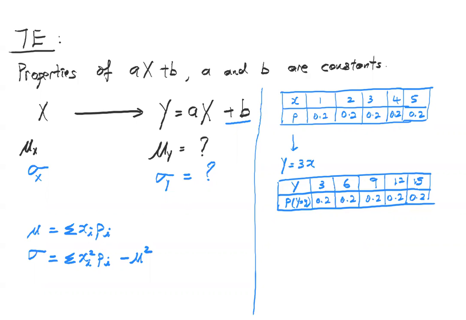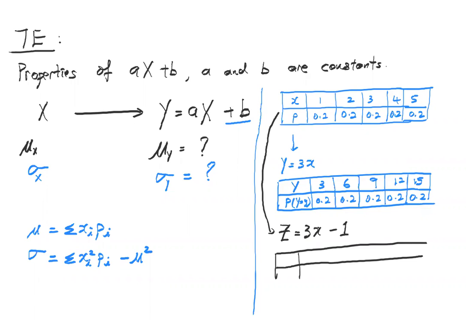Okay, now I change it to another variable. I call it Z. Up to me, actually, I can choose the variable name. So I will say Z equals 3X minus 1. So I build the table.